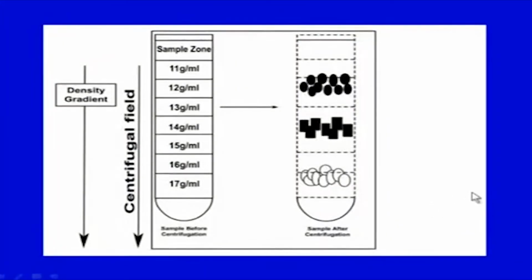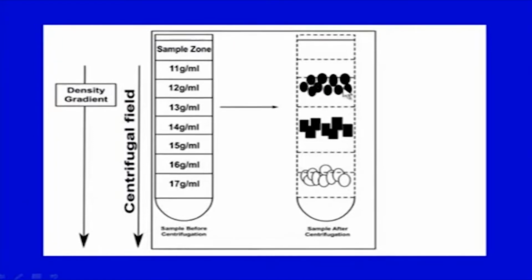So, here it is shown very clearly that you have a density gradient, and you have a sample zone which is layered on top of the density gradient, and then centrifugation is performed for a particular period of time. Now, remember, this material should not be sedimenting or pelleting here; rather, they should be separated in the liquid column only.